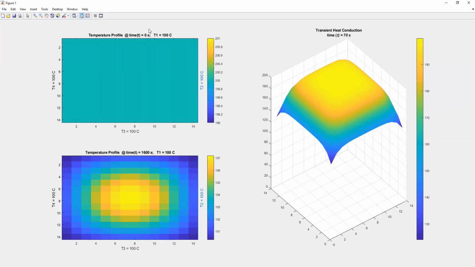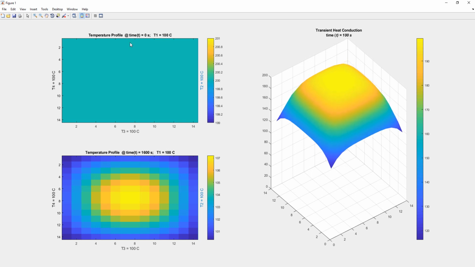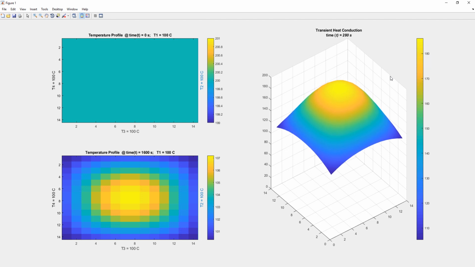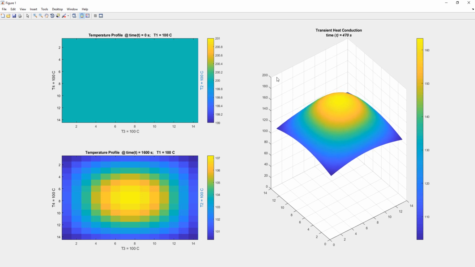Okay, the initial condition is shown on the left hand side top portion and the final condition is shown on the left hand side bottom portion. The animated view is shown on the right hand side. Since the plate is cooling, the temperature keeps dropping with time. The initial temperature of the plate was 200 degrees Celsius, and with time the temperature keeps dropping all around.